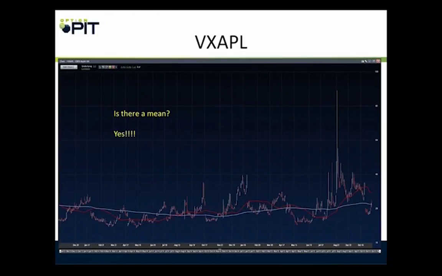Now, this is VXAPL, and that is the VIX of Apple options. And what do you notice? Take a look at that. That gray line here is the 200-day moving average. It's not going anywhere.